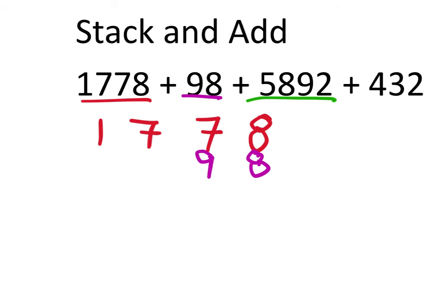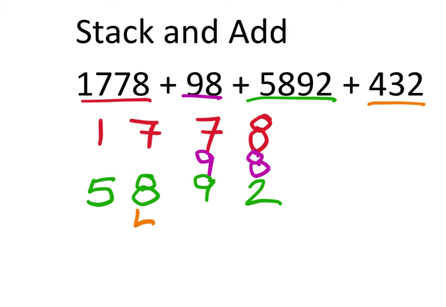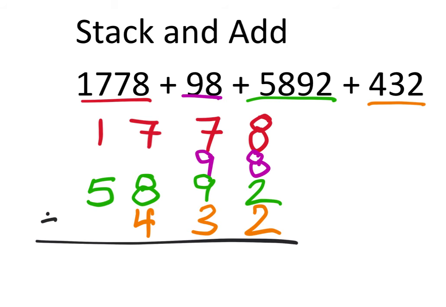And then 5,892, that's a 5 in the thousands place value, 8 in the hundreds, 9 in the tens place value, and 2 in the ones place value. Then finally, 432, that's a 4 in the hundreds place value, 3 in the tens place value, and 2 in the ones place value. And yeah, we're just adding all these together.